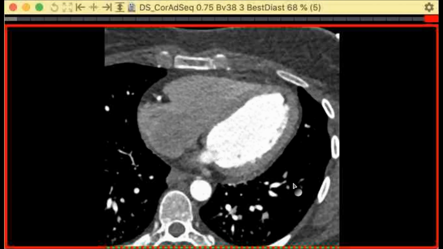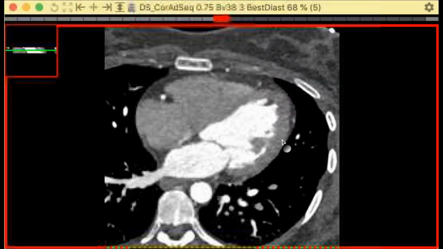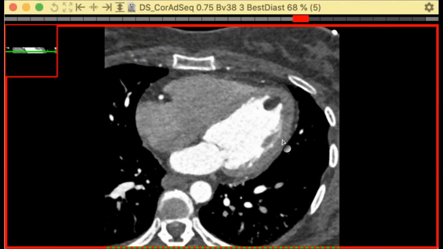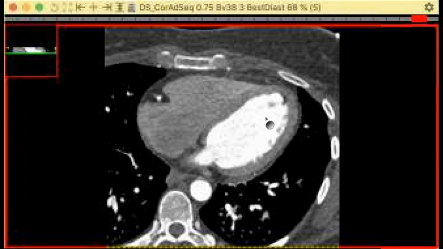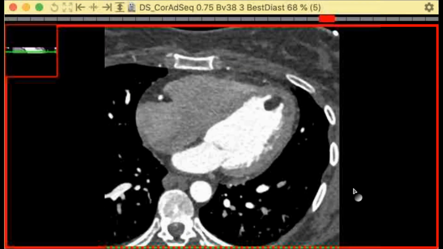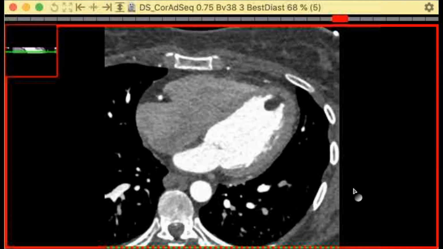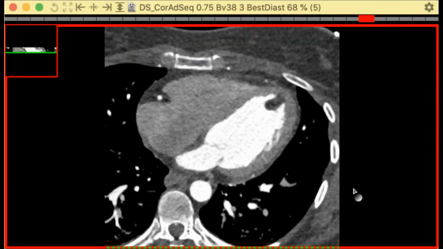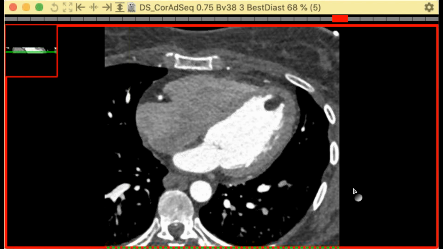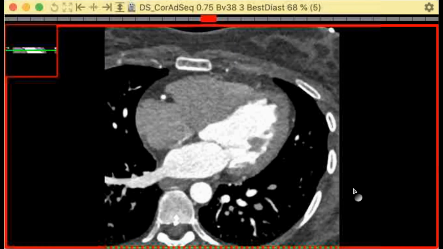And this is what it looks like on the CTA. Oh, it's not letting me load. Why is it not letting me load? More selective here.